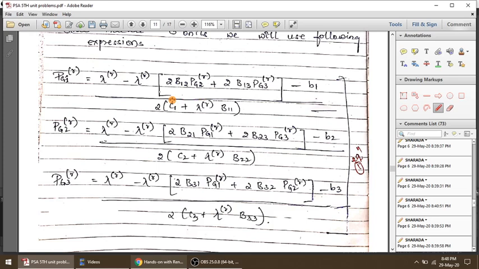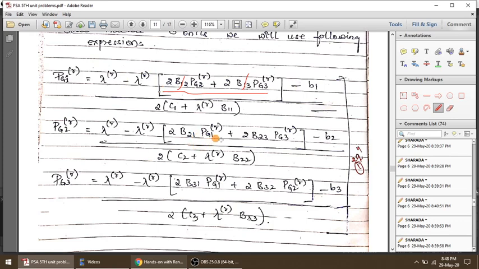Even if we calculate the 0th iteration power output value, when we substitute the values, since this is 0 and this is 0, this second term will become 0. This gets eliminated.